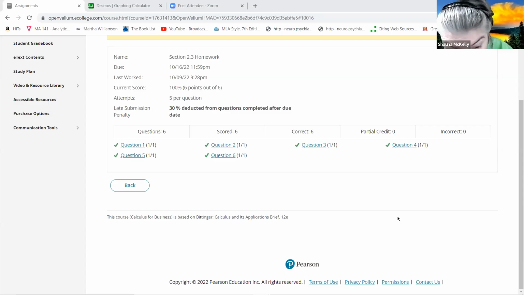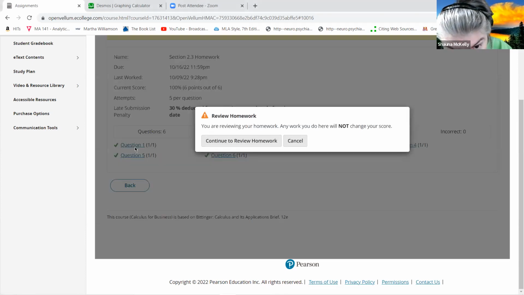Okay, so I want to go into 2.3 here. And we had one humdinger of a doozy problem. Let me review this. This is 2.3 homework. And I believe you asked for some help. I'm not sure with all of the questions.